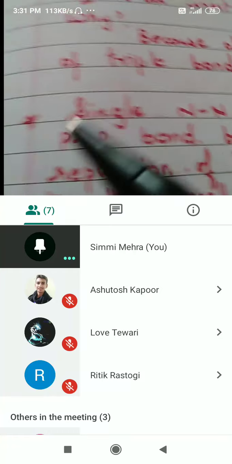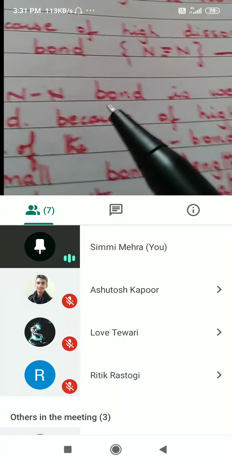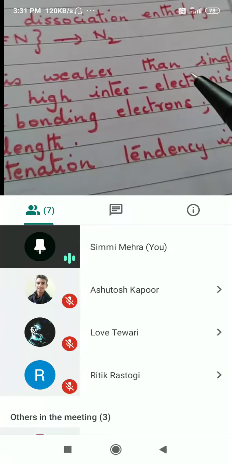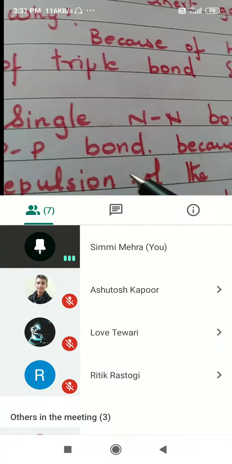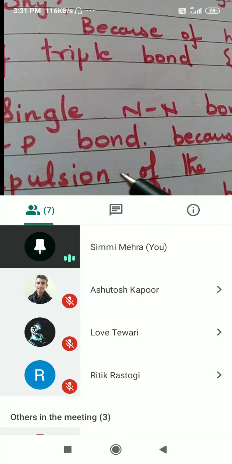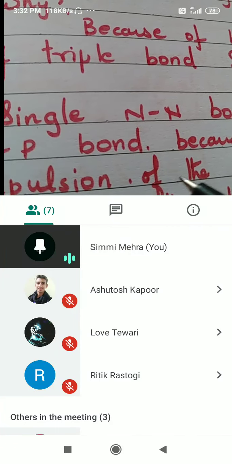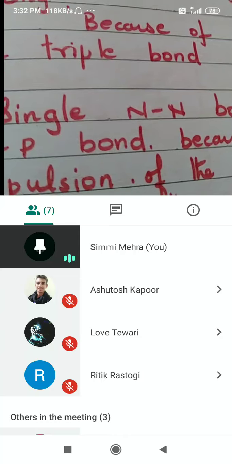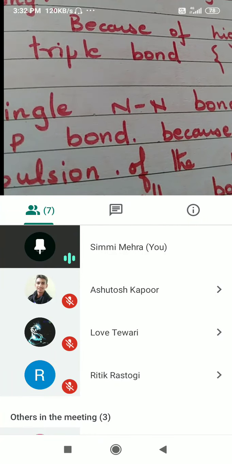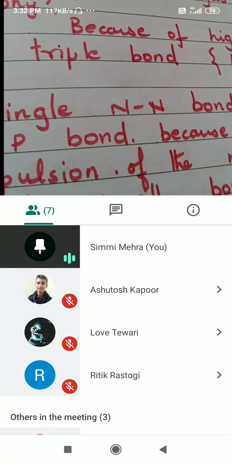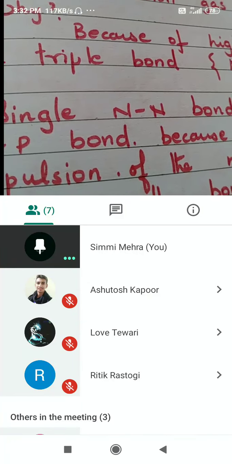Now single nitrogen-nitrogen bond is weaker than a single phosphorus-phosphorus bond. I told you it is because of difference in size. See, we had discussed the case of electron gain enthalpy order of halogens.